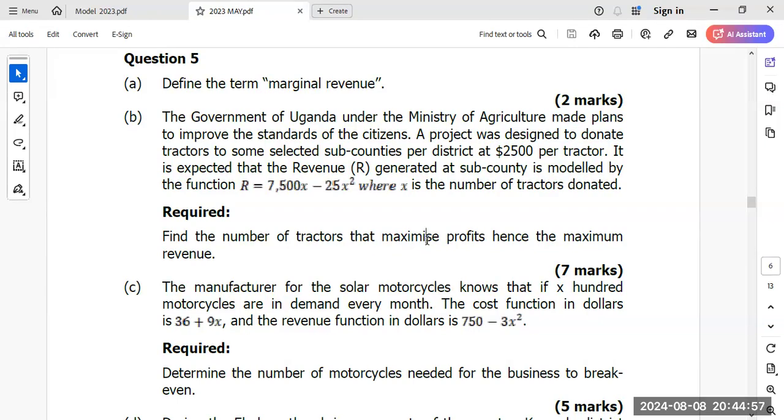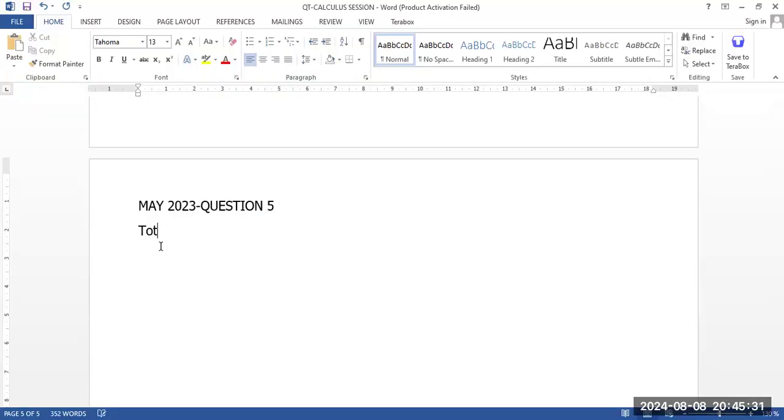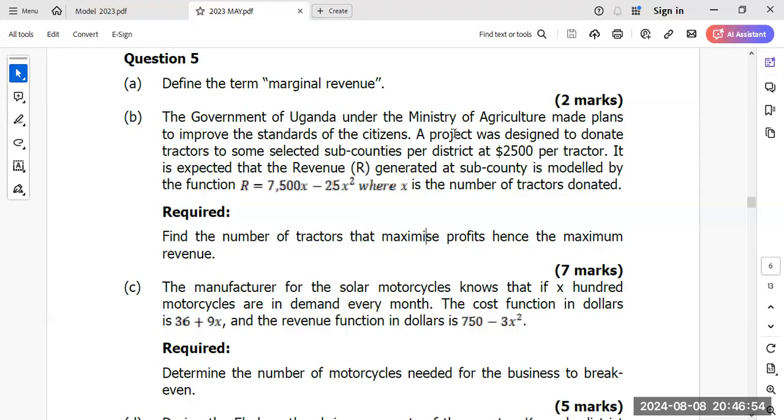Let's ask yourself, what are you given? Are you given a total cost function? Are you given a total revenue function? The total cost the government is likely to incur is $2,500 per tractor.